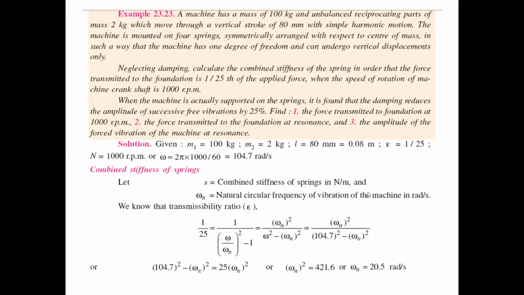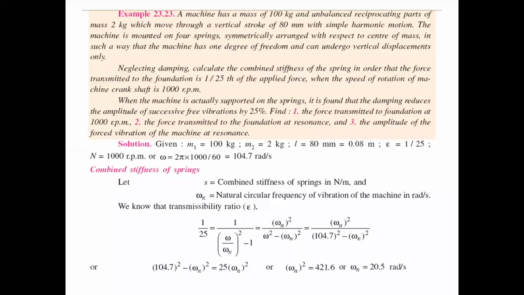Here we have one problem regarding the earlier topic. All of you read the problem carefully. A machine has a mass of 100 kg and unbalanced reciprocating parts of mass 2 kg, which move through a vertical stroke of 80 mm with simple harmonic motion.